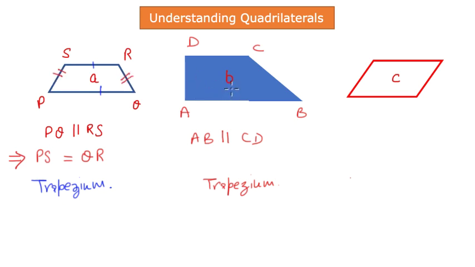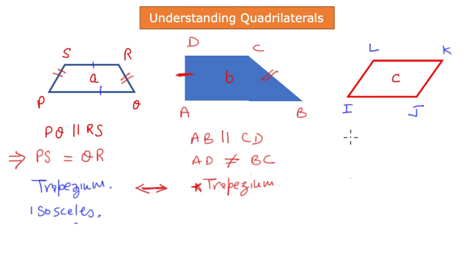But in shape B, the measure of line segment AD is not equal to line segment BC. These have two different lengths. Because of this difference, trapezium A, in which the non-parallel sides are equal to each other, is called an isosceles trapezium.